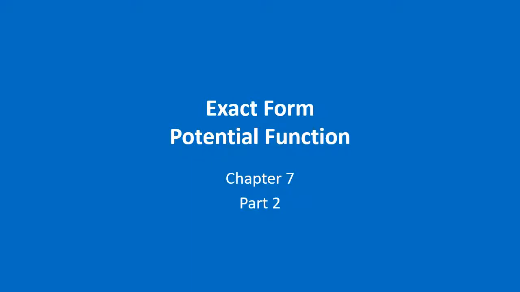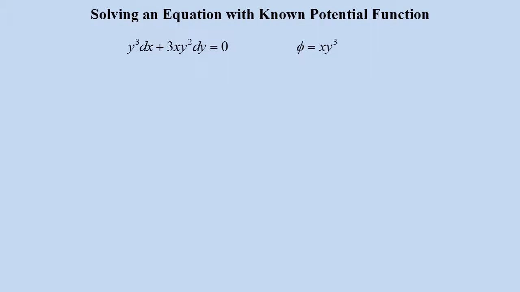In Chapter 7, Part 2 of 3, we want to see how to find the potential function. Now, if you have a look at this differential equation on the left, you notice here is what we call M and N. The partial of M with respect to y would be 3y squared.